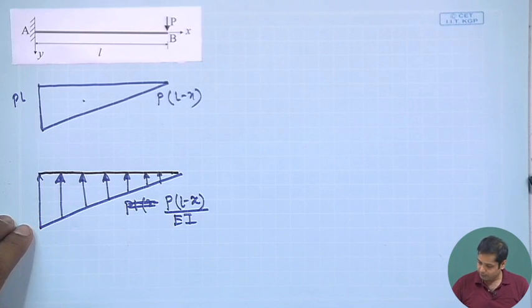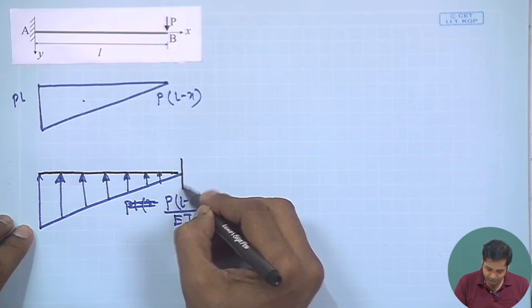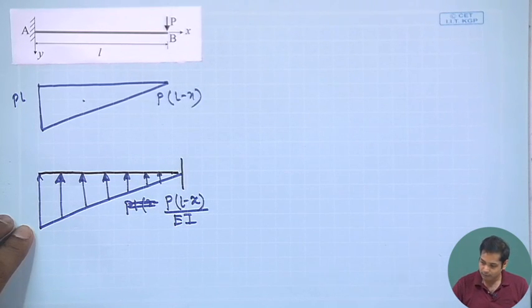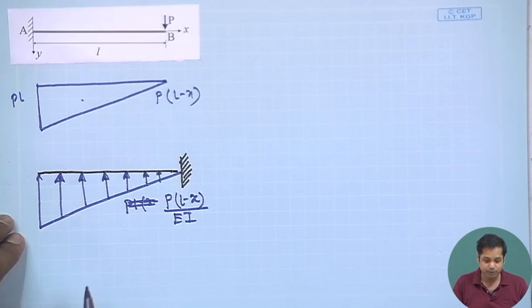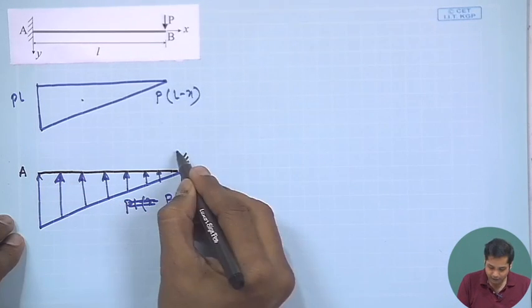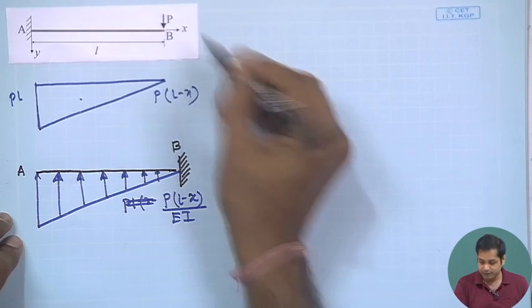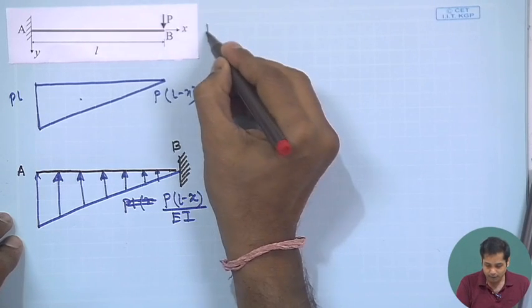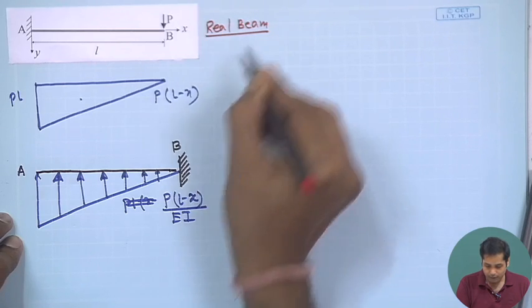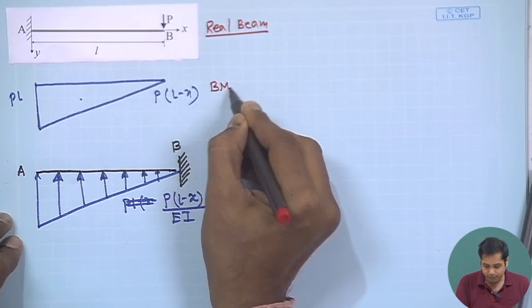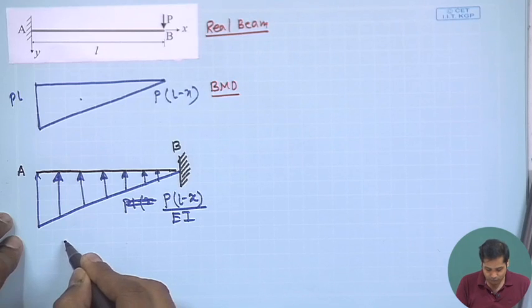So, what would be the support condition? The support condition for this beam will be this end fixed and this end free. So, this is A and this is B. So, this is the real beam, this is the bending moment diagram, and this is the conjugate beam.